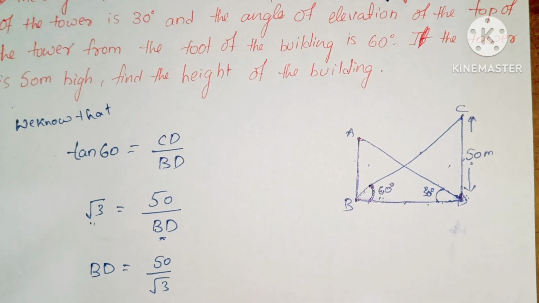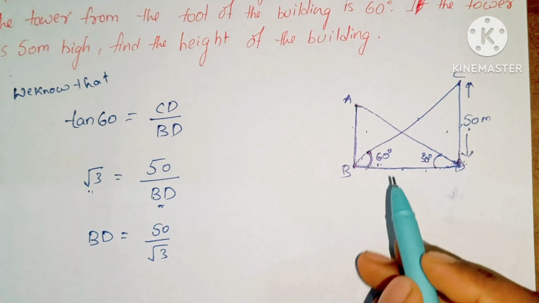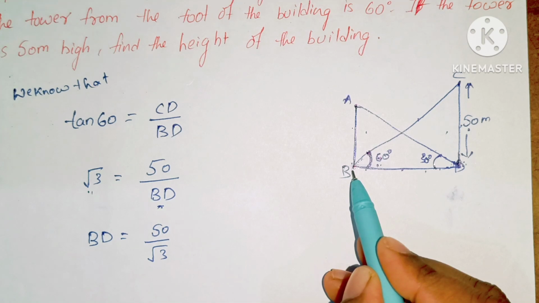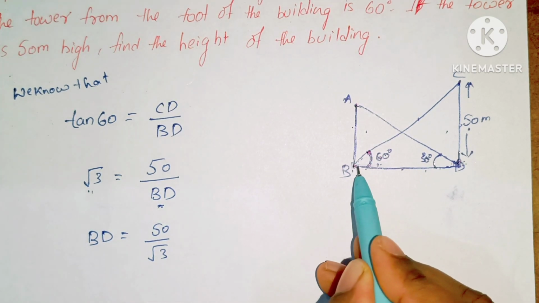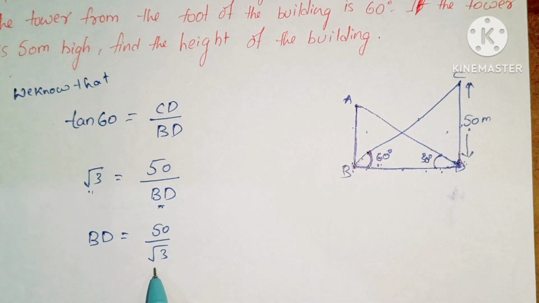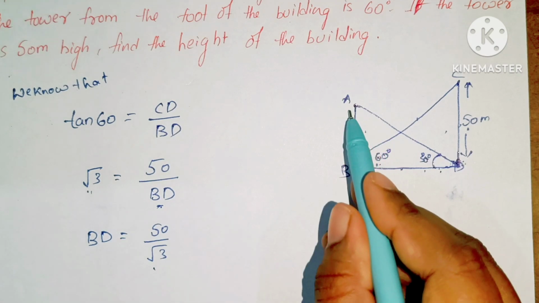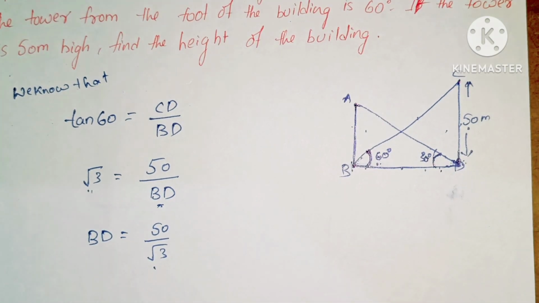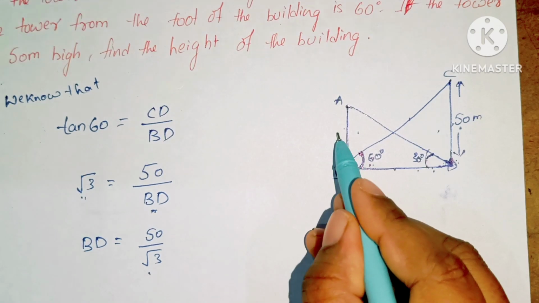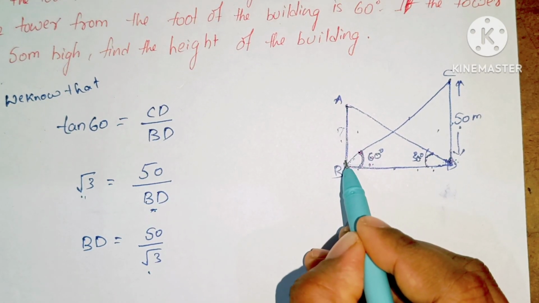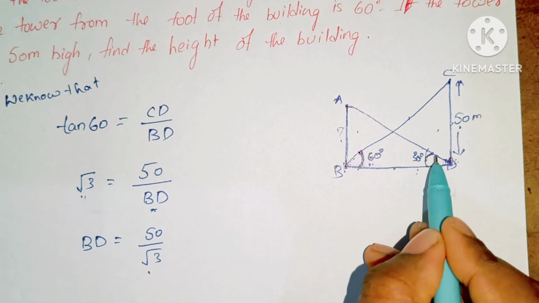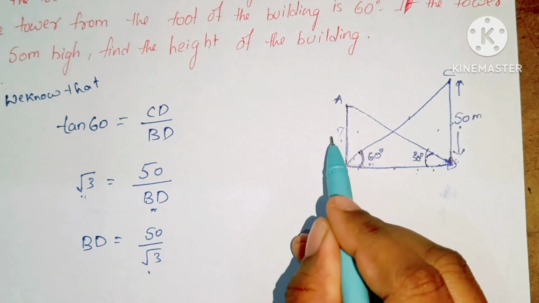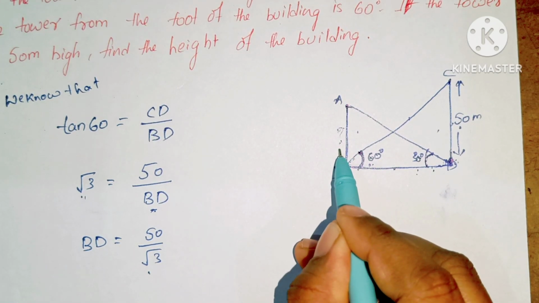Okay. Now what you have to find here? Height of the building. Here you know the base. How much? 50 by root 3. You know here, and in this triangle the angle you know how much? 30 degree. So you want this side, means the opposite side. You know here the adjacent side. You know here the angle. You have to find out the opposite side.